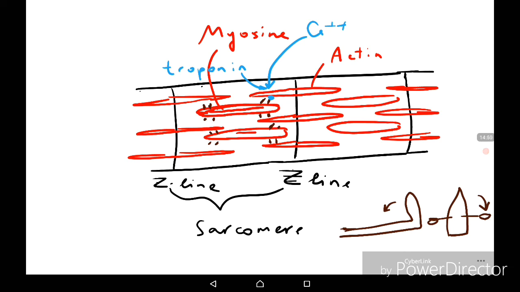So when calcium is absent, the myosin head is not able to attach to the protein actin, because troponin and tropomyosin block the access.